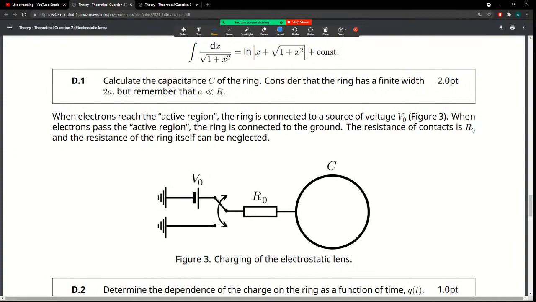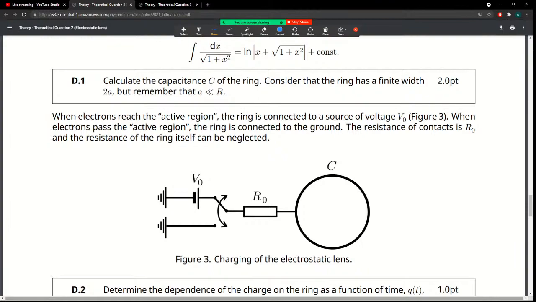So let's do D2. Determine the dependence of the charge on the ring as a function of time, Q(t), and make a schematic plot of the dependence. T equals 0 corresponds to the time moment when the electrons are in the plane of the ring.